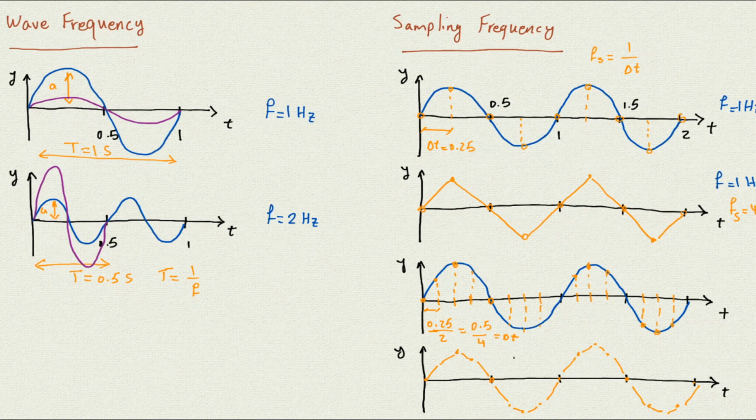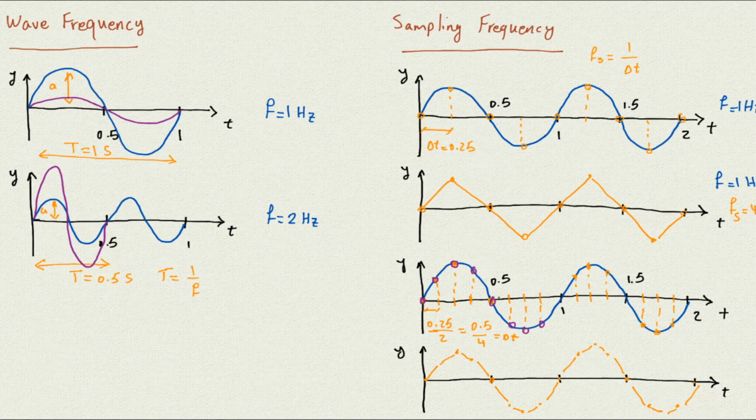So in this case, how many data points have we measured within 1 second? Let me put it here. So this is 0.5, and this is 1 second, this is 1.5, and this is 2 seconds. Within 1 second, if I count how many data points I have, I have 1 data point here, 2, 3, 4, 5, 6, 7, 8, and that's the start of the next wave.